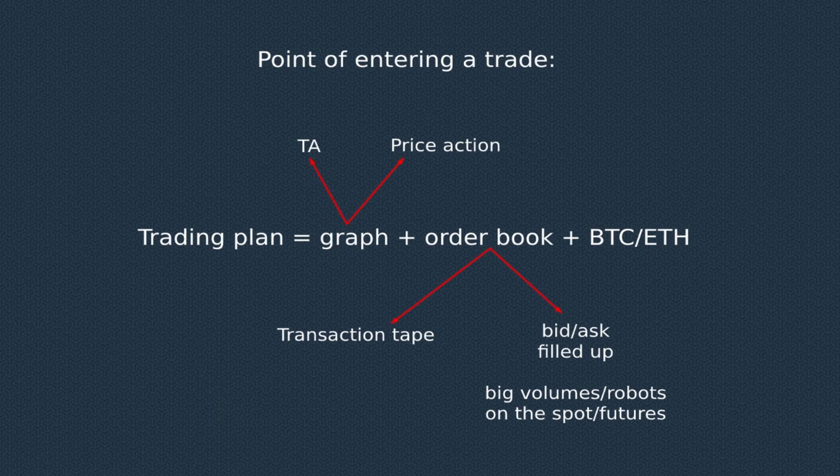Also, we analyzed the transaction tape and understood that the majority are buyers, so the price will probably continue going up, and there will be the awaited breakthrough. So we're almost ready to open the position, or probably already opened it.